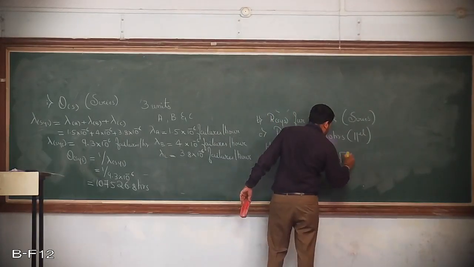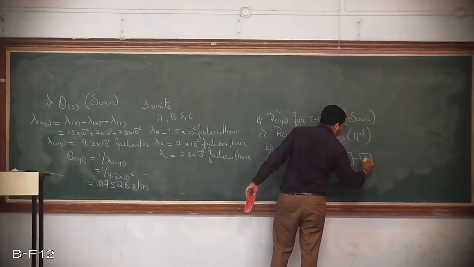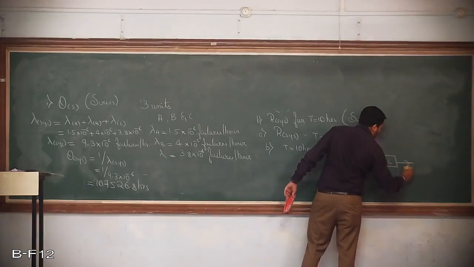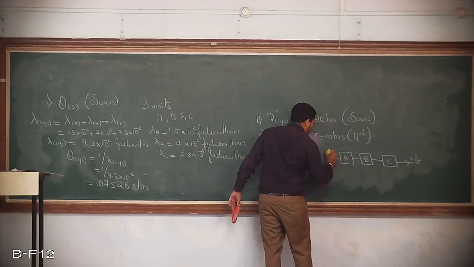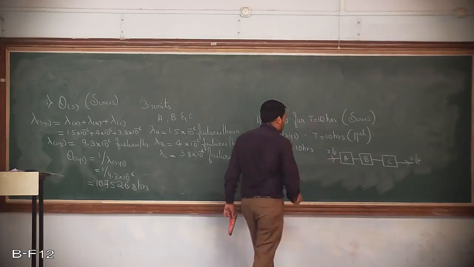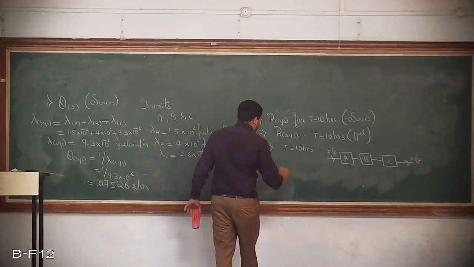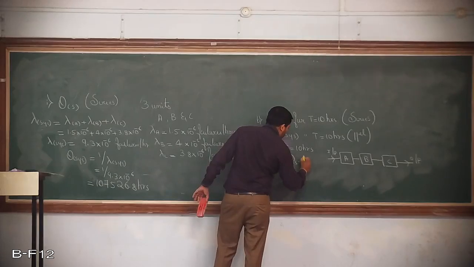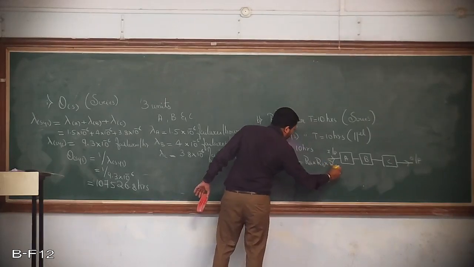So I'll assume the parts are connected in series, hence the reliability of the system, when connected in series, is the product of reliability of A into reliability of B into reliability of C.